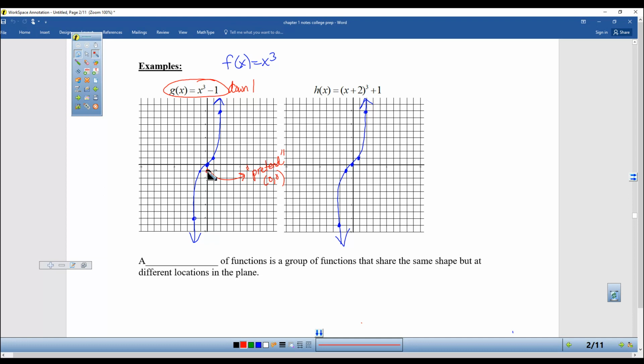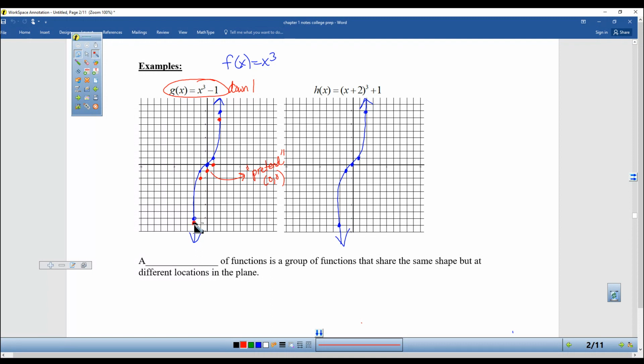And from there, I know that the graph goes 1, 1, negative 1, negative 1, and from here over 2, up 8.